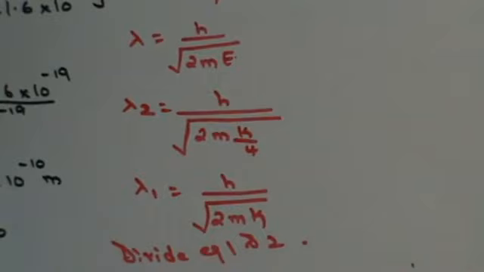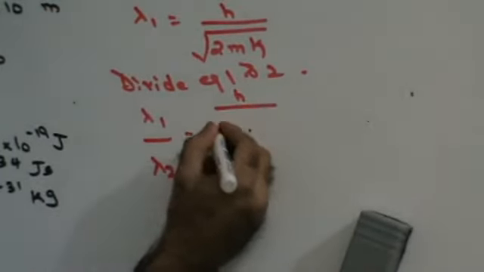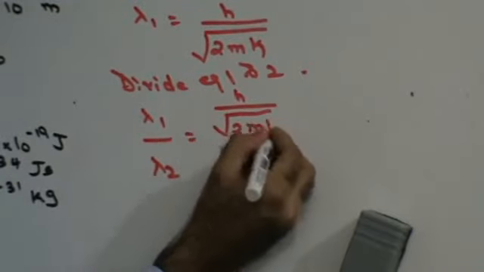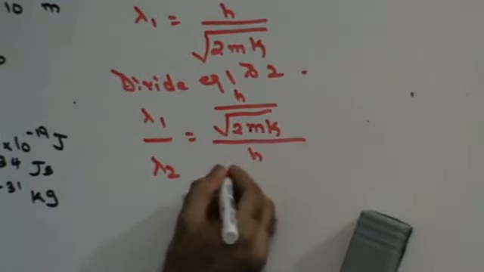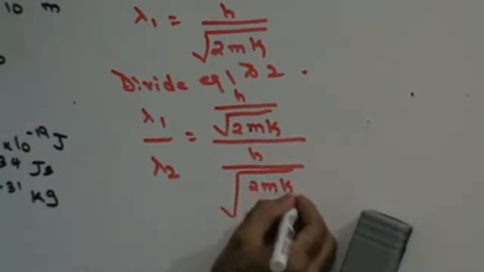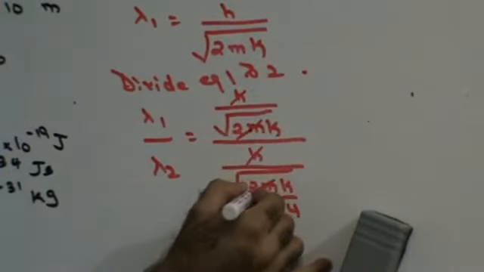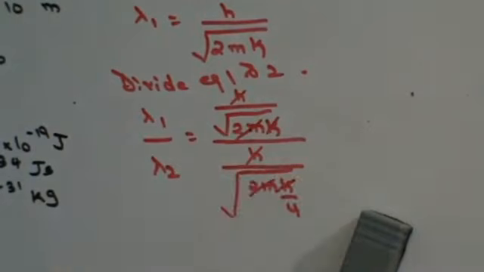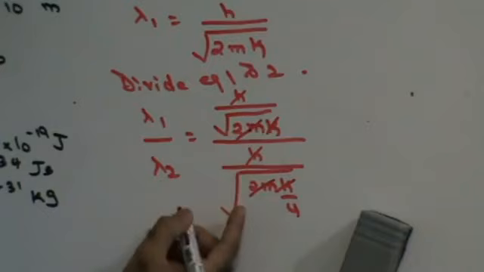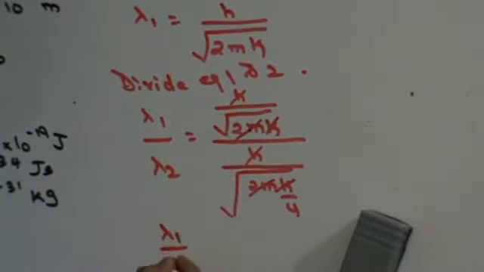If I divide equation 1 and 2, I'll get lambda 1 upon lambda 2 is h upon square root of 2mK upon h upon square root of 2mK by 4. H and h get cancelled, 2m gets cancelled, K and K get cancelled, so I'll get square root of 4, which is nothing but 2. Now the denominator of the denominator becomes the numerator, so lambda 1 upon lambda 2 is equal to 2, right?